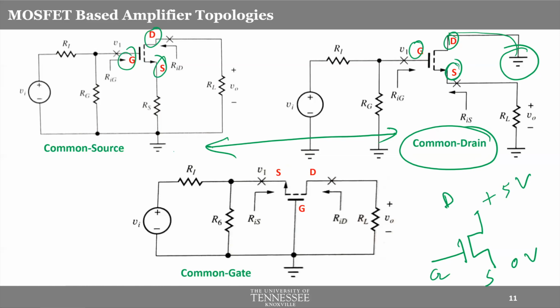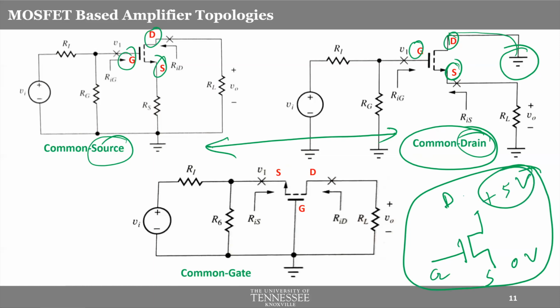Otherwise, we will not be able to distinguish between common source and common drain, because drain and source are interchangeable. So in any other scenario, whichever terminal has higher voltage will be considered drain for NMOS, and opposite for PMOS, by the way. But here, for this particular comparison between common source and common drain, we forget that. We just consider that this drain and source are rigid. This terminal will always be drain and this terminal will always be source. Okay, so that we can distinguish between these two characteristics.